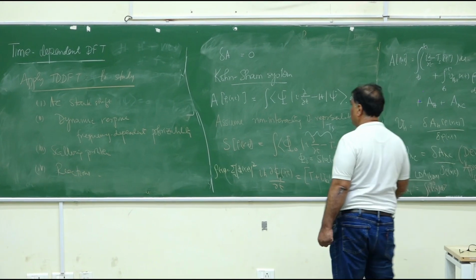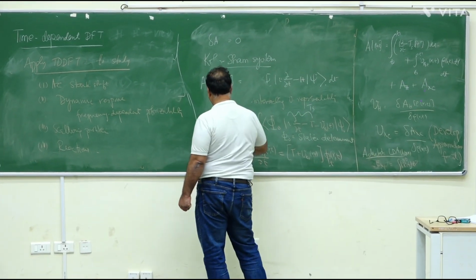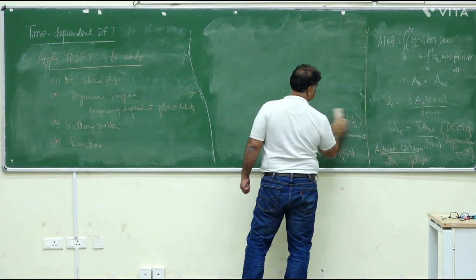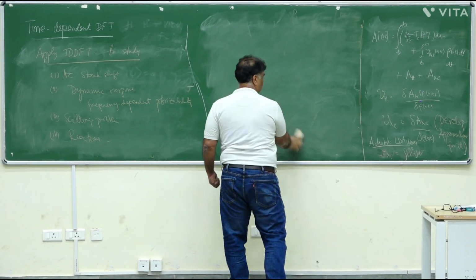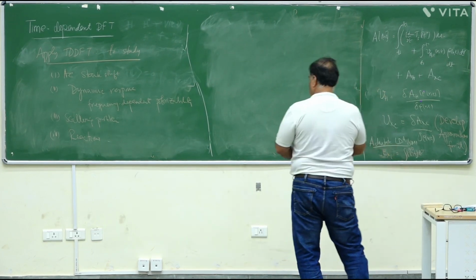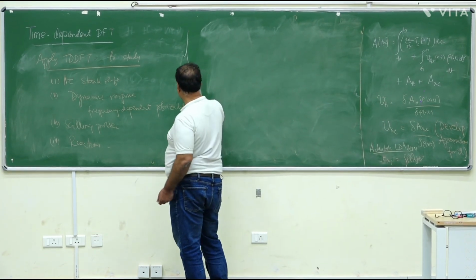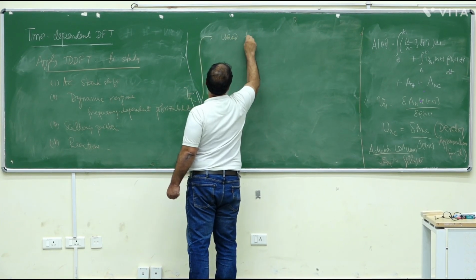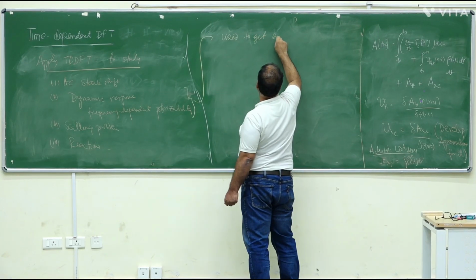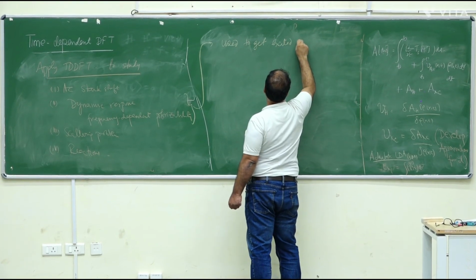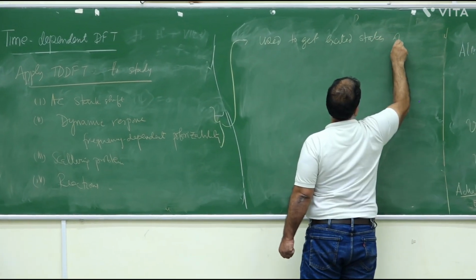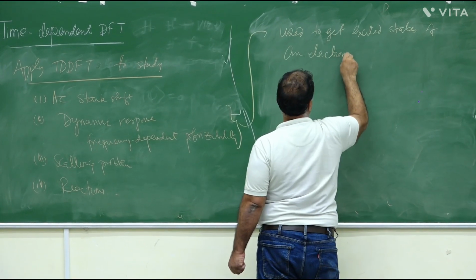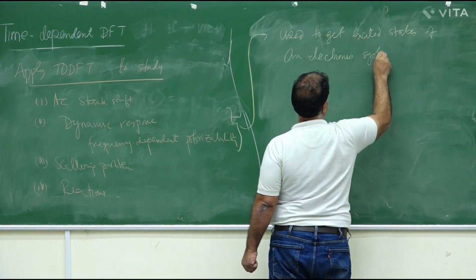And what we want to focus on tomorrow is the excited state properties, which are related to the calculation of time-dependent polarizability. This can be used to get the excited states of an electronic system.